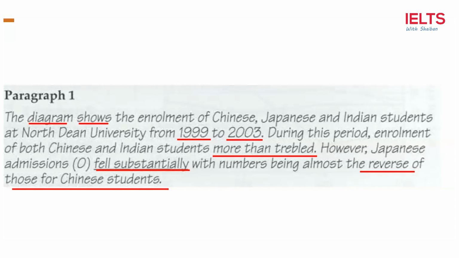As you can see here in the overview, we try to avoid direct numbers. We don't say 5%, 20%, 7 days, 5 hours. No, we try to avoid numbers, but we have to have equivalent language showing the big changes: substantial, remarkable, significant, 2 times, 3 times, 4 times, double, triple. This is the language which is appropriate for the overview.